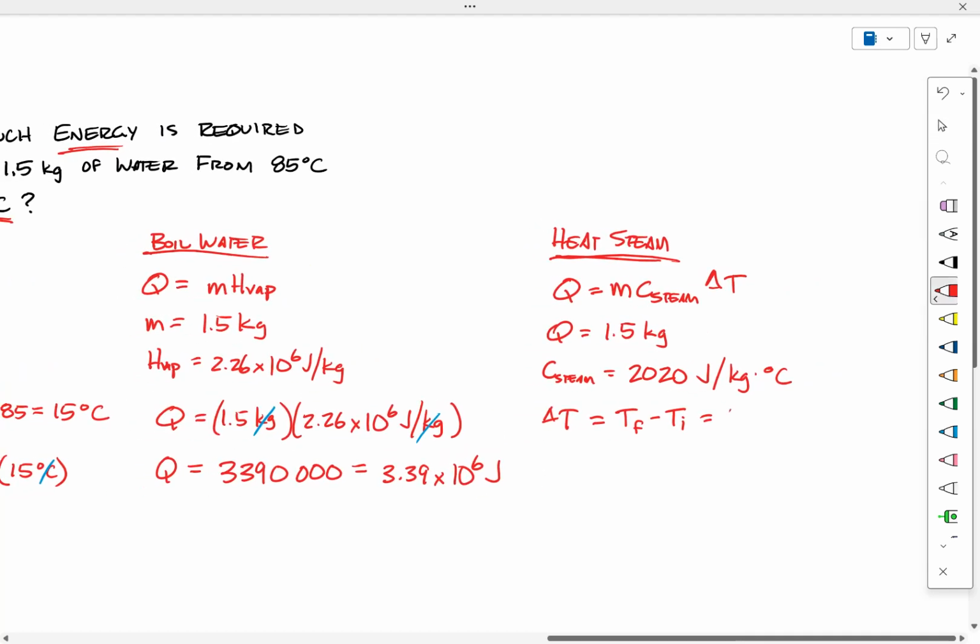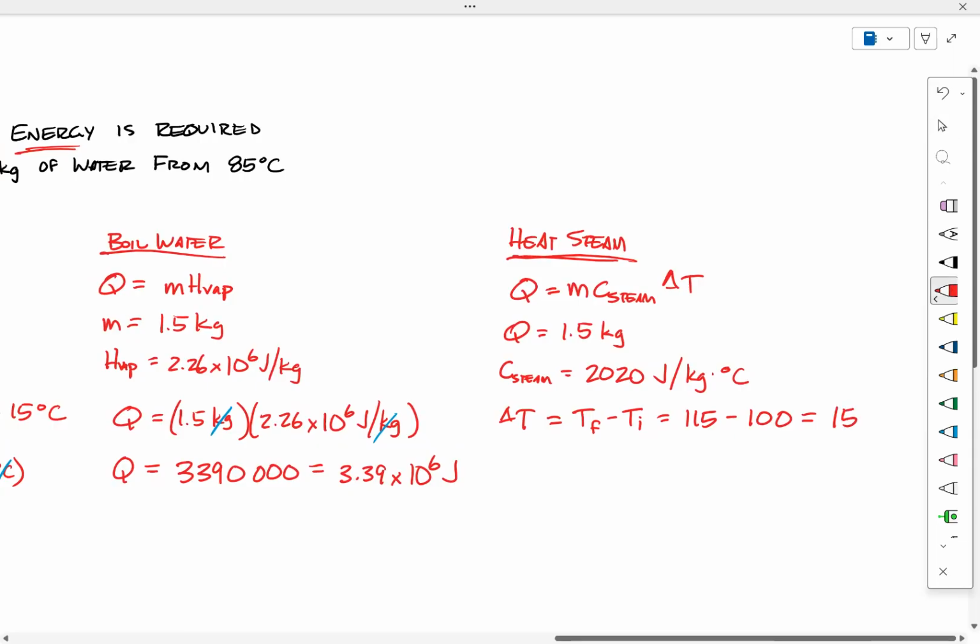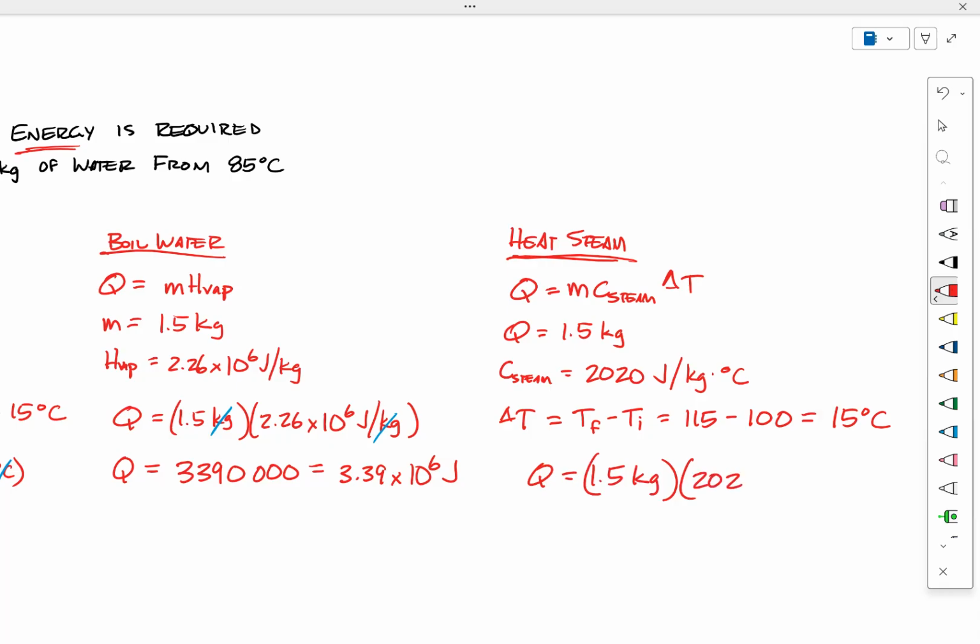So our final temperature will be 115, and currently we have heated the water to 100.